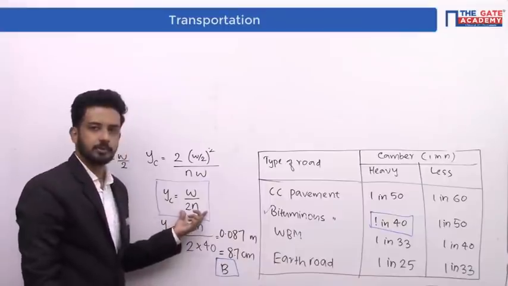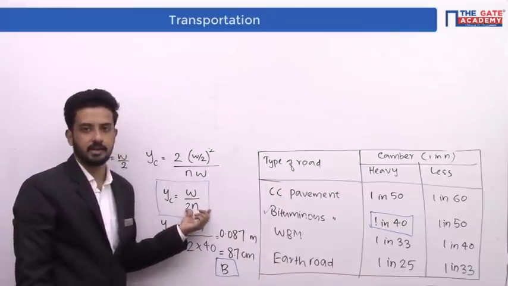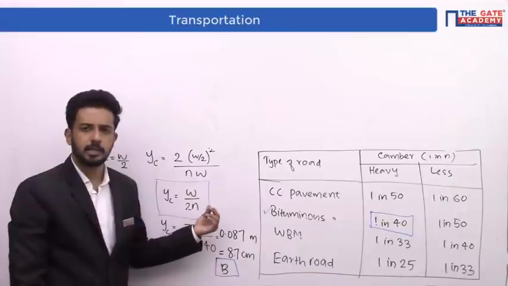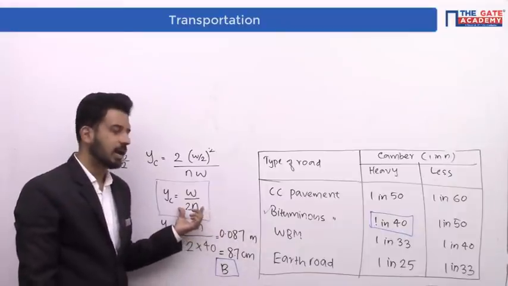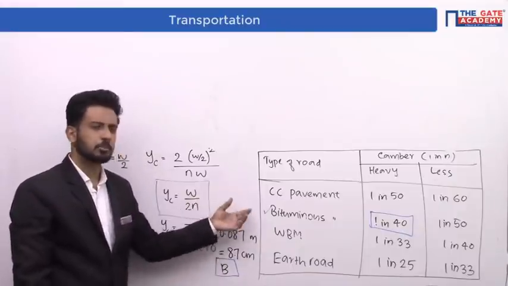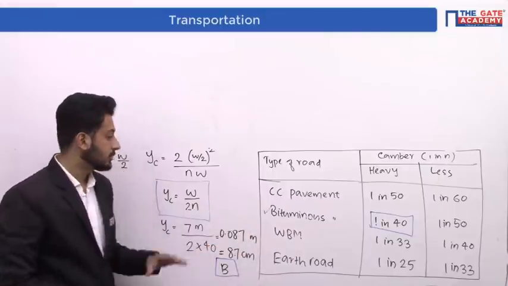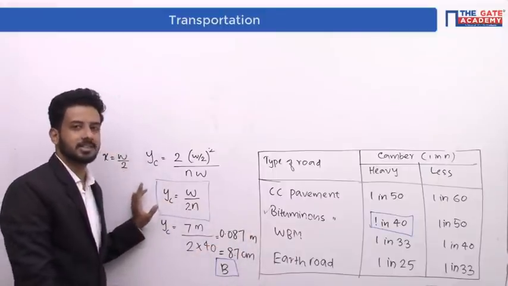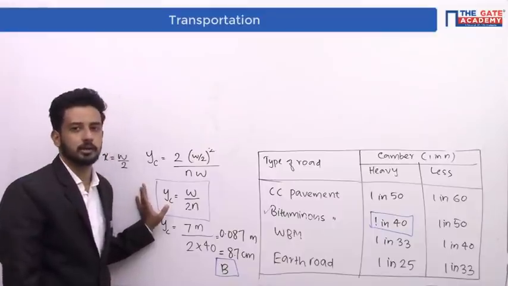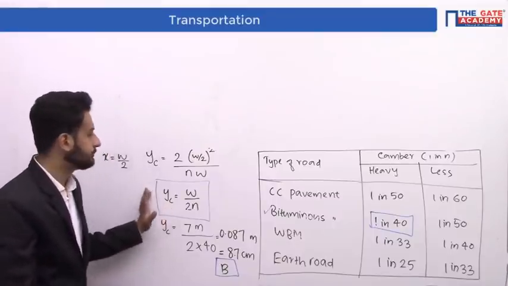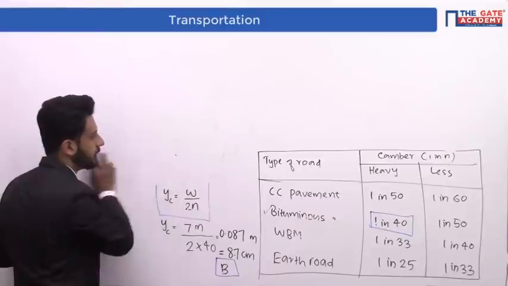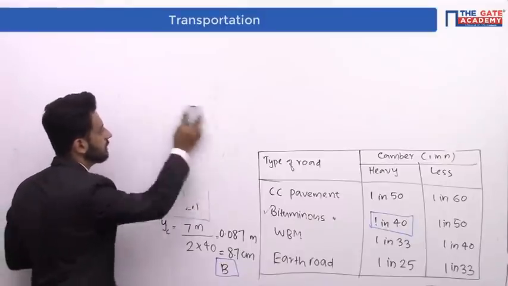Instead, you can remember this equation directly, because most probably they will be asking you the height of the crown only. So remember W by 2n directly, so that you can save your time. W by 2n is the height of the crown.